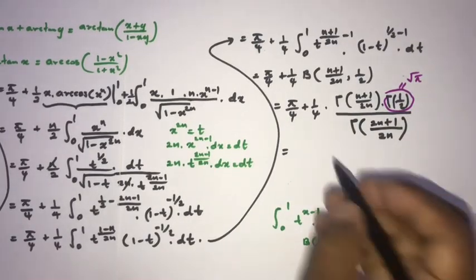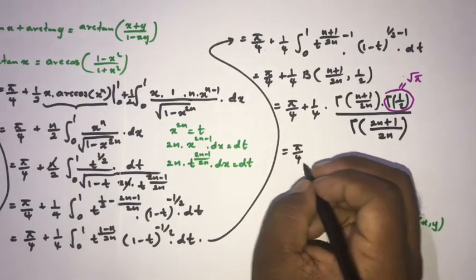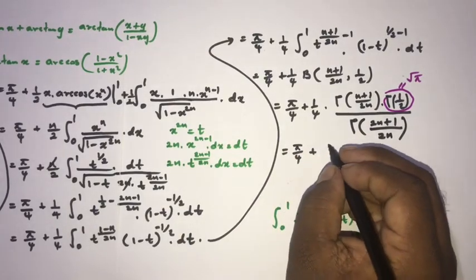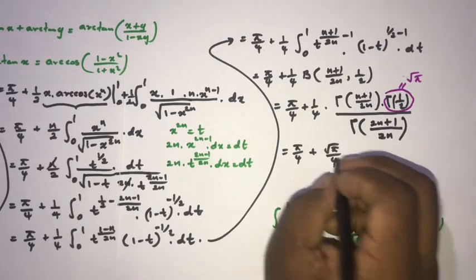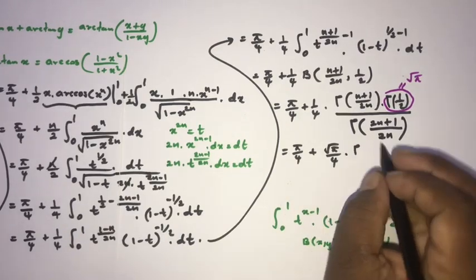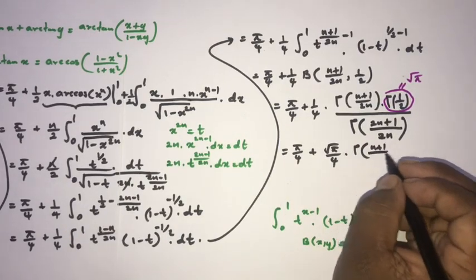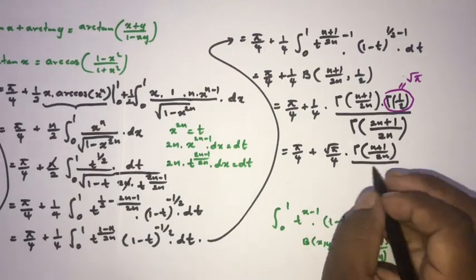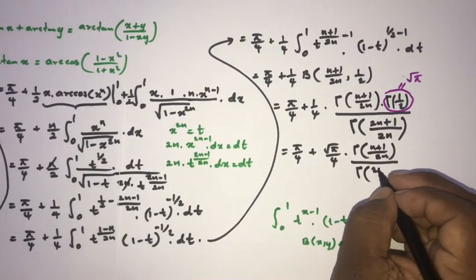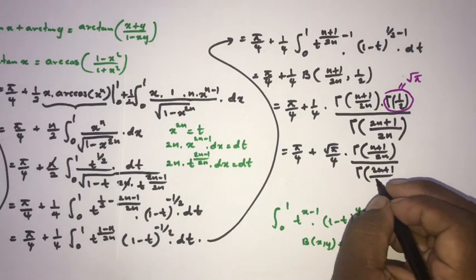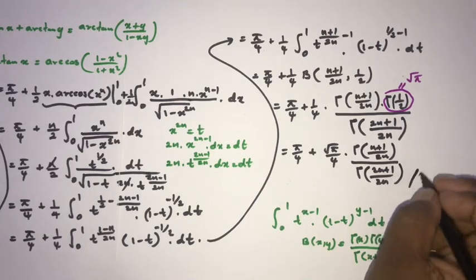So we can write this is equal to pi over 4 plus the square root of pi over 4 times gamma of (n plus 1) over 2n over gamma of (2n plus 1) over 2 times n. Okay, this is the answer.